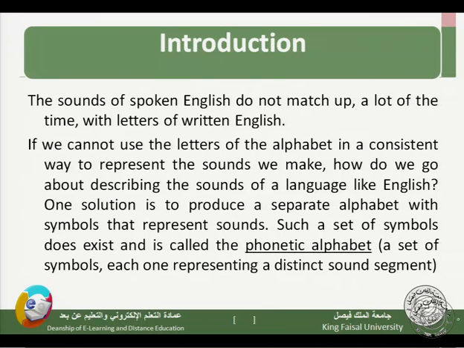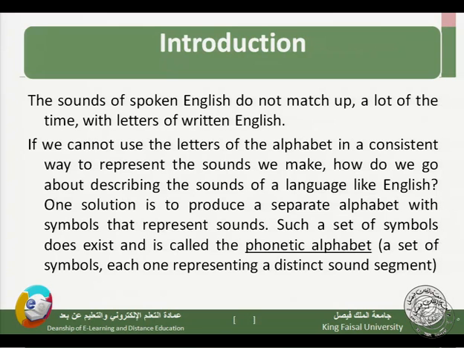Such a set of symbols does exist, and it is called the phonetic alphabet: a set of symbols, each one representing a distinct sound segment. Just to clarify this point, these symbols are what you see when you look for a word in a dictionary.